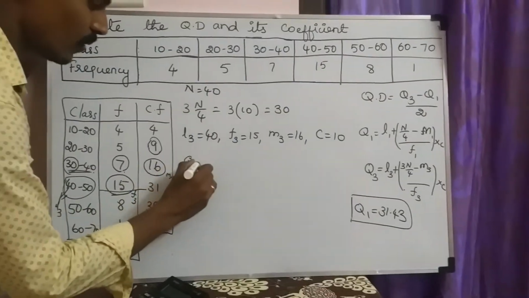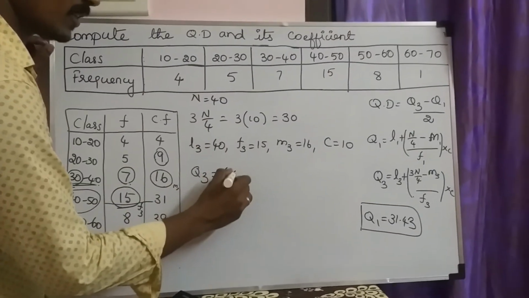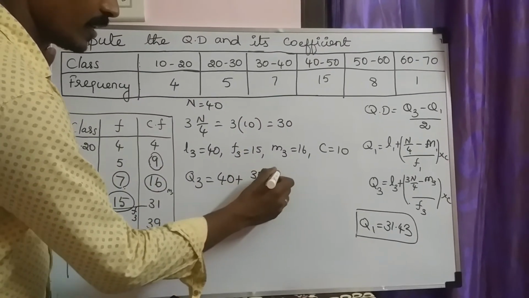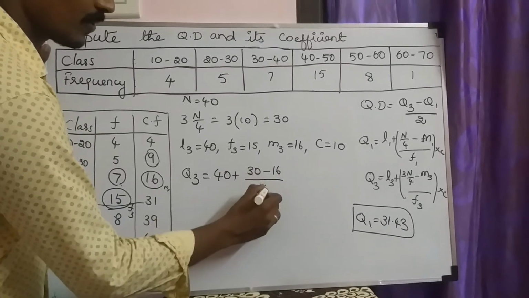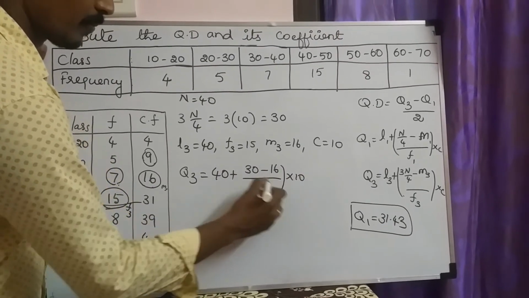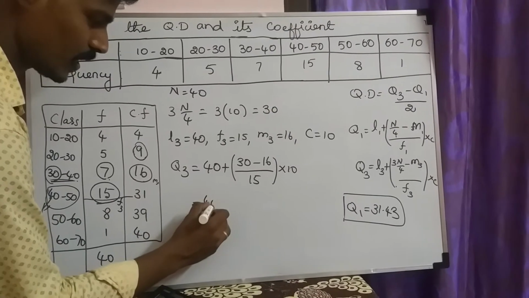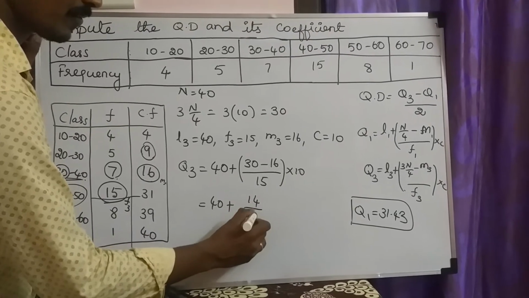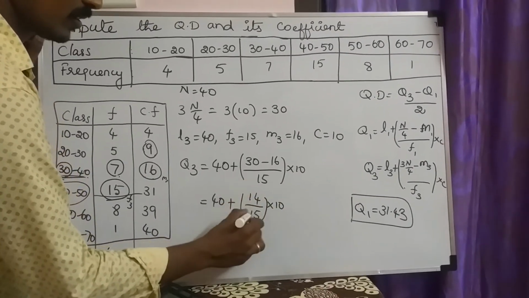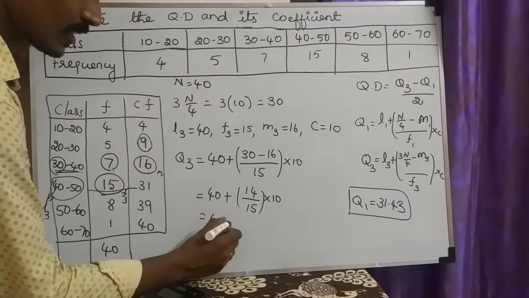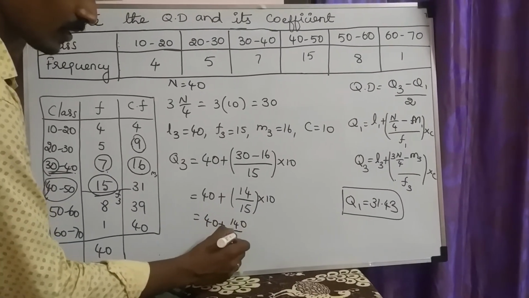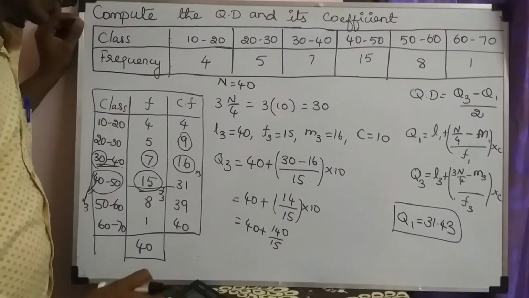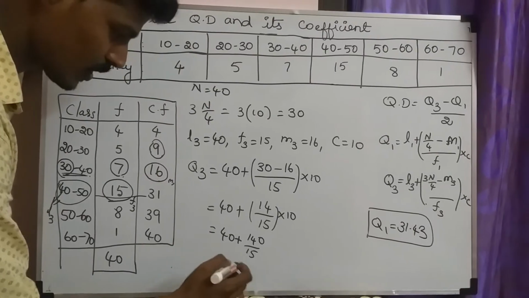So now Q3 equals 40 plus 3N by 4 is 30 minus M3 is 16, divided by F3 is 15, into 10, which is equal to 40 plus 14 divided by 15 into 10, since 30 minus 16 is 14. Now multiply this: 40 plus 140 divided by 15. 140 divided by 15 is 9.33.